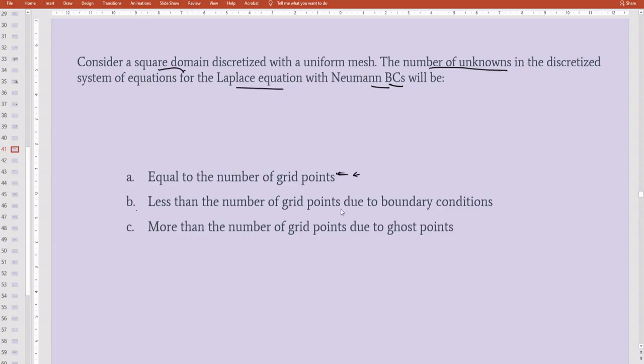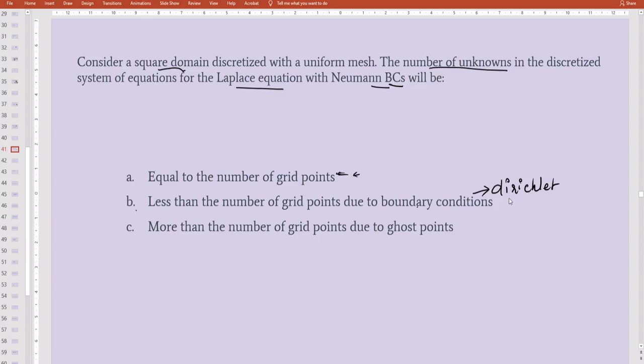Then option B is less than the number of grid points due to boundary conditions. The number of unknowns will be less if the boundary conditions are directly given. Such directly given conditions are known as Dirichlet conditions.